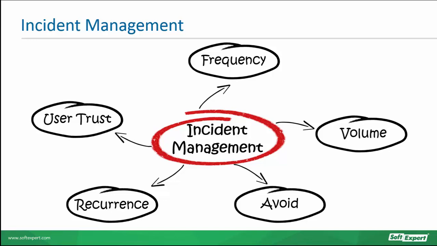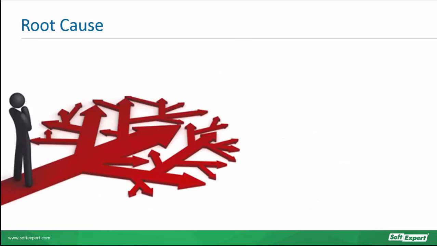That's a recipe for a real set of confusion. So let's talk about root cause, because root cause is an umbrella term. At a concept level, root cause is very straightforward. It's the underlying or the original cause of an incident or problem.